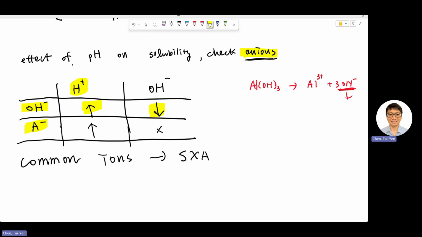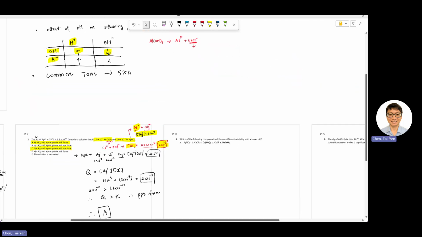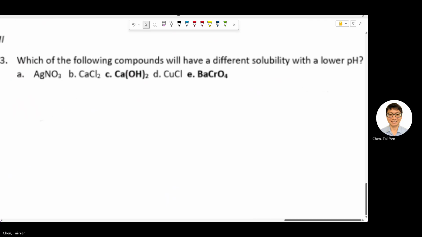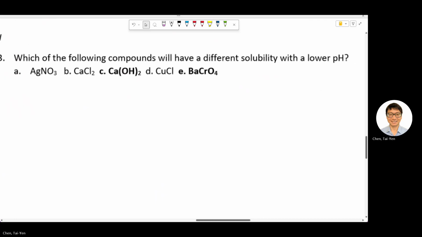Using the concept, we'll be able to solve these questions. This is one of the questions you're going to see quite often in the quiz, and I think probably you'll see something like this in the midterm as well.